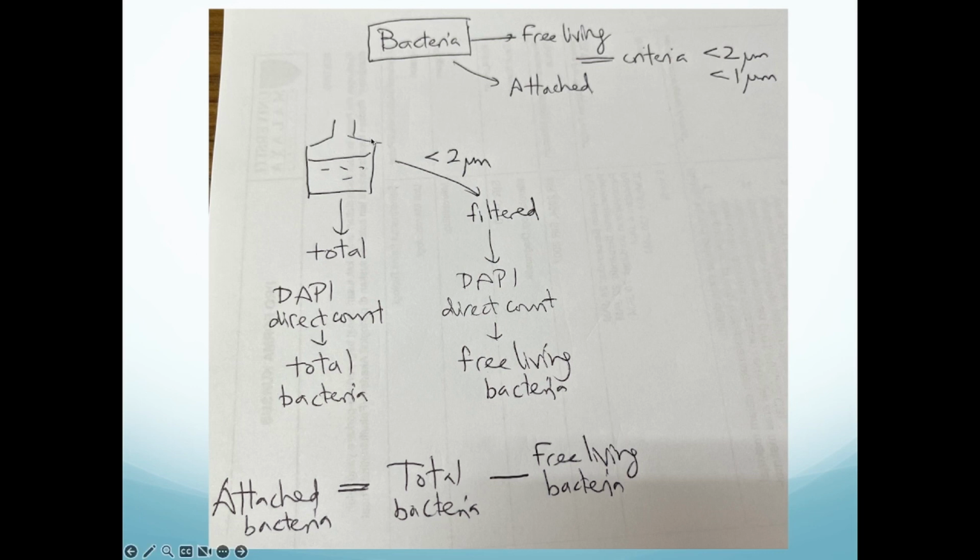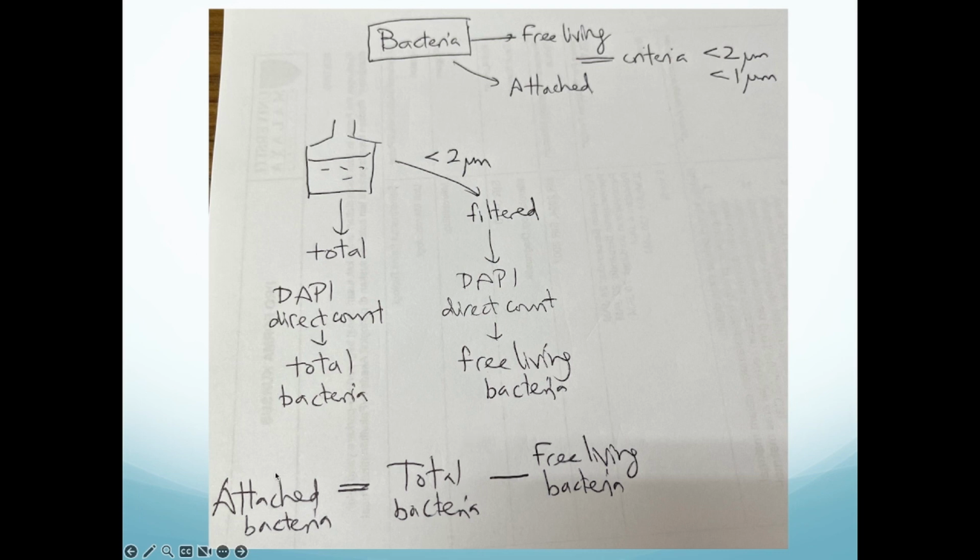Then the same sample is also filtered, either less than 2 micron or less than 1 micron, and the filtrate is used to carry out the DAPI direct count, and the bacterial count in this fraction is denoted as free living bacteria.